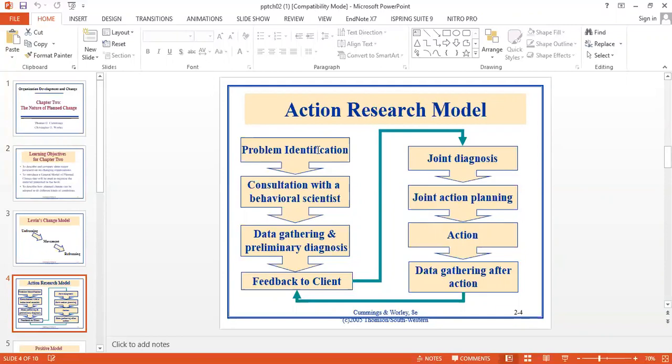There are multiple consultants available in the market. They can give you a lot of services in the service sector. So all of them are consultation with the behavioral scientists.